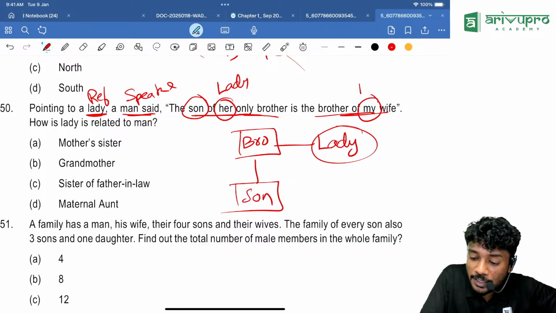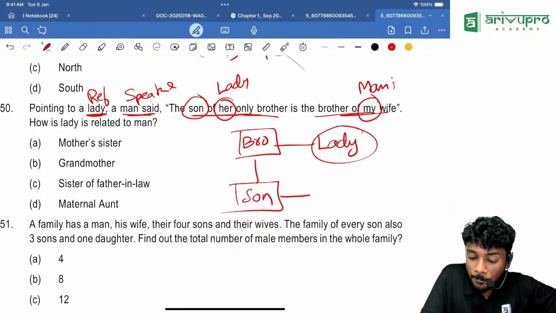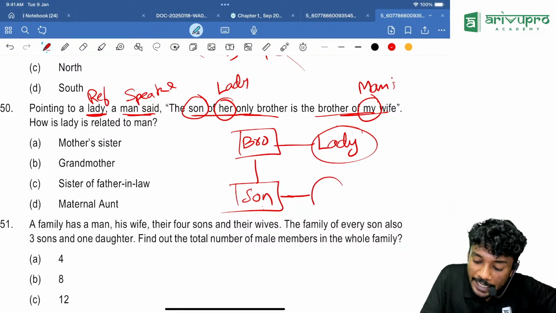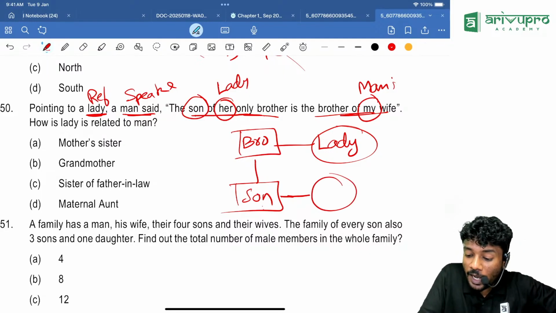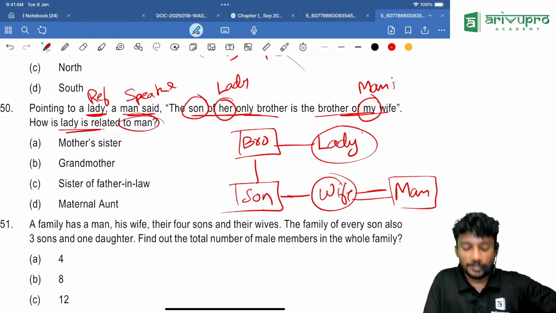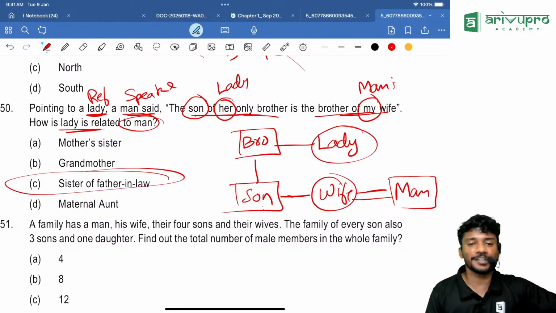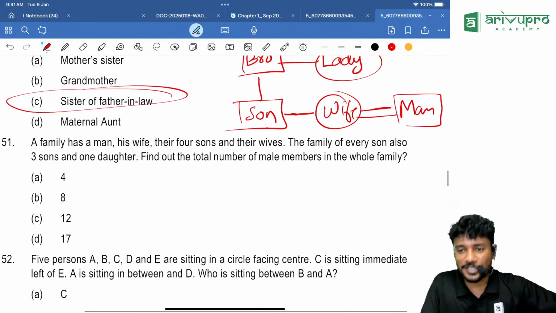My wife means man's wife. So that son is the brother of who? My wife. Man's wife. So man is married to the wife. Now the question is, how is the lady related to the man? Sister of father-in-law. Got it? Yes. Repeated question.